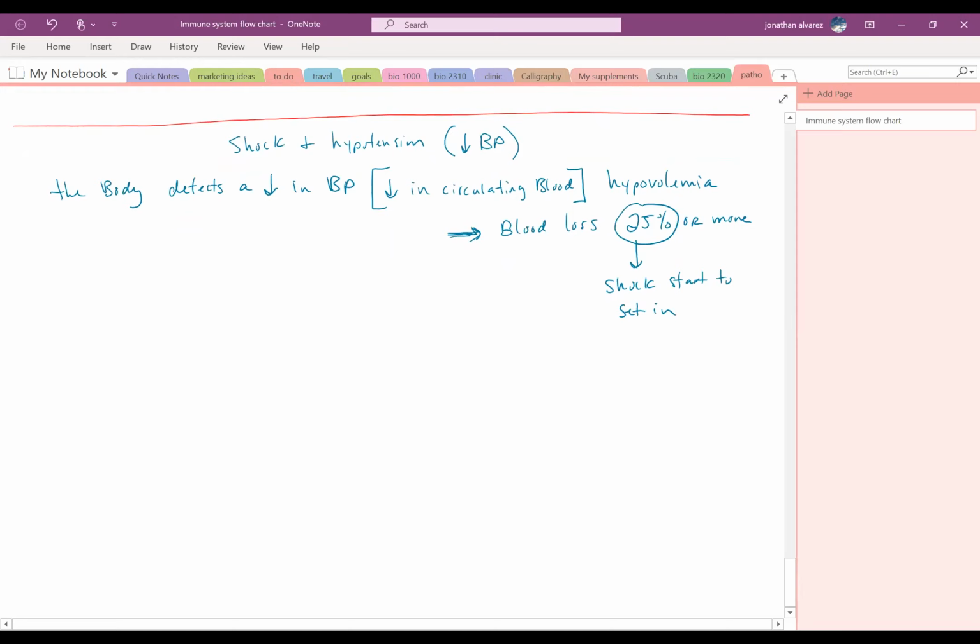Okay. Other factors to consider is dehydration. Okay, so water loss and salt, so sodium loss. Okay, one of the reasons why you do a saline solution, try to get them hydrated to get the volume back up.